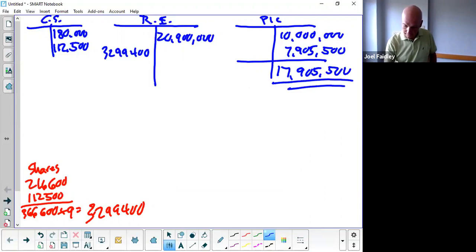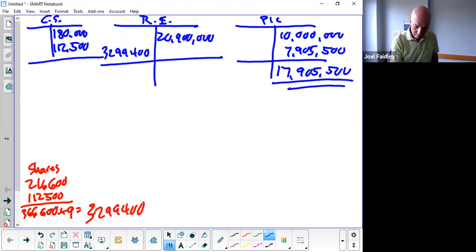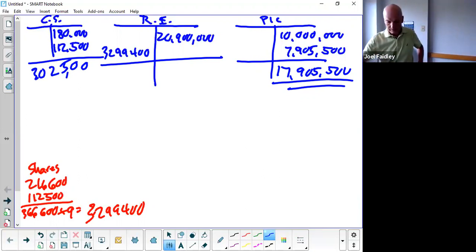All right, there's that balance. Common stock 3025. I don't have to assume what's in there is right, but my calculator's died on me.